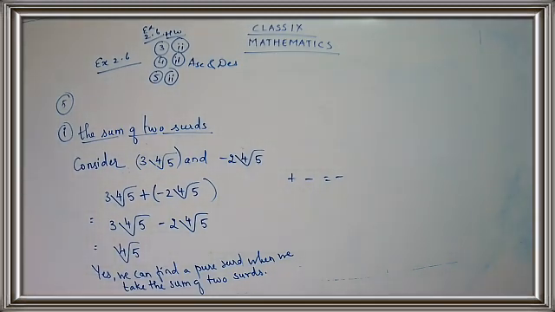Okay, now let's go for the third subpart. What is the third one given to you? The product of two surds. On the next one, the product of two surds.